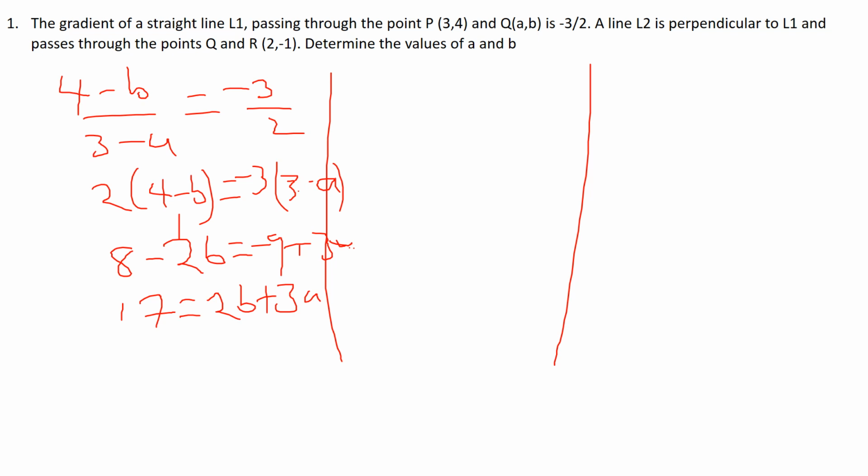And then the other thing that we know is that our m2, the gradient of the perpendicular line, will be the reciprocal of the first gradient, then do away with the negative, so it is 2 out of 3.